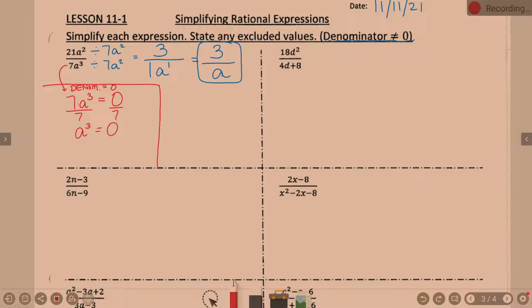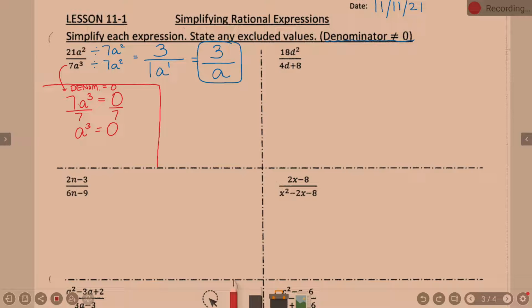Okay, so let me ask this. What if it was a squared? How would you get rid of the squared? We would take the square root. So officially, we would take the cube root here. Now, here's the deal. A cubed equals 0. If a times a times a is 0, what does a have to be? 0, right?